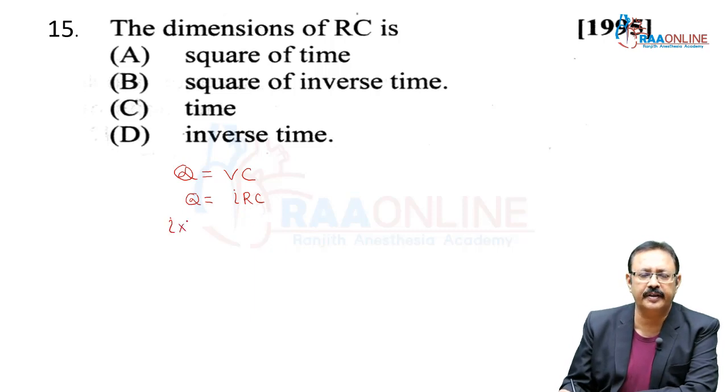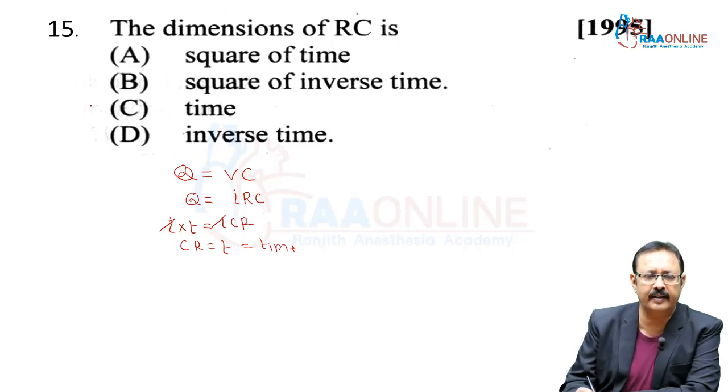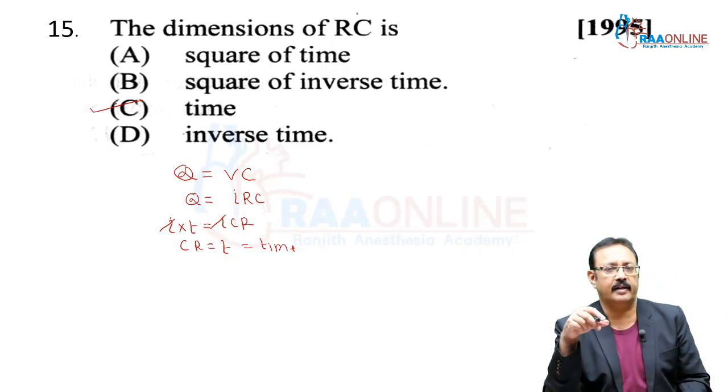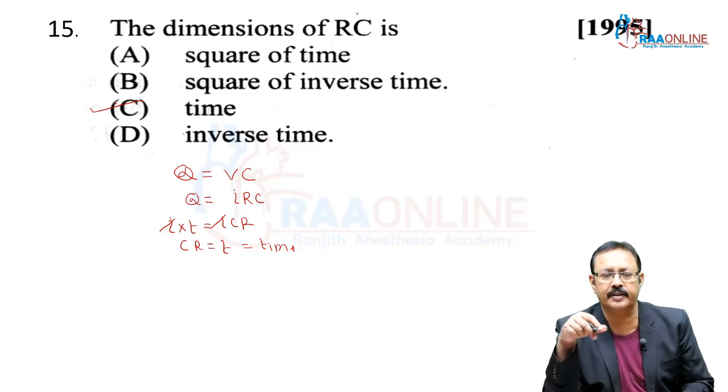I into T. Repeated problem. So what did we get for CR? It is T, time. The way is different, the options are written like this. Again, CR is one type of time constant.